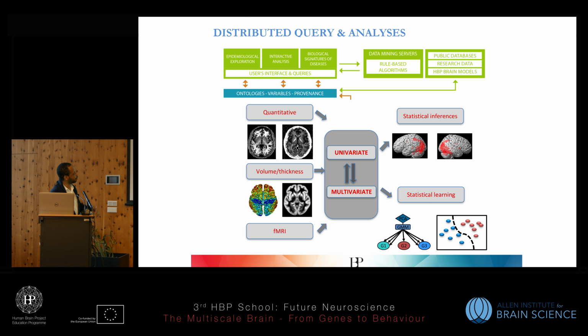Then you extract measures of volume, thickness, etc. And you can apply univariate methods, which look at single voxels in the brain or regions and the link between the clinical score, behavior, and other things. You can do classical statistical inference, or you can apply more sophisticated statistical learning methods, if you have the idea to separate certain disease categories.